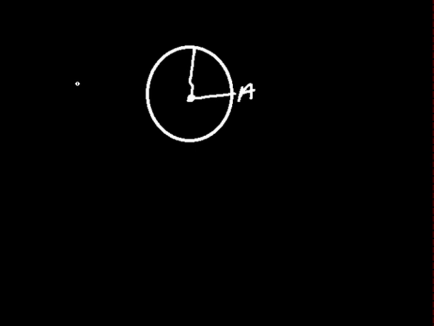Let's say we have an object which is to move in a circular path, let's say from point A to point B. From point A, the object has the initial angular velocity, which is given as omega i, the initial angular velocity.